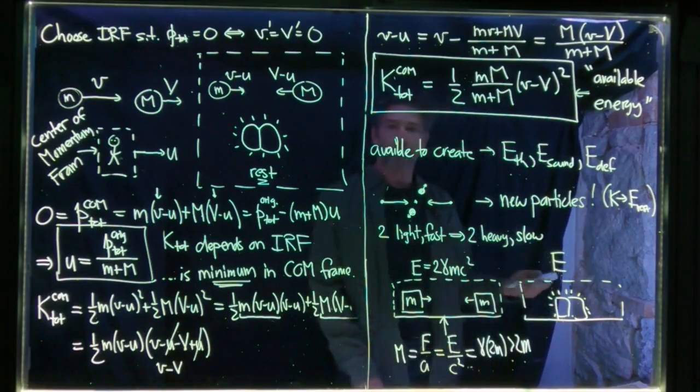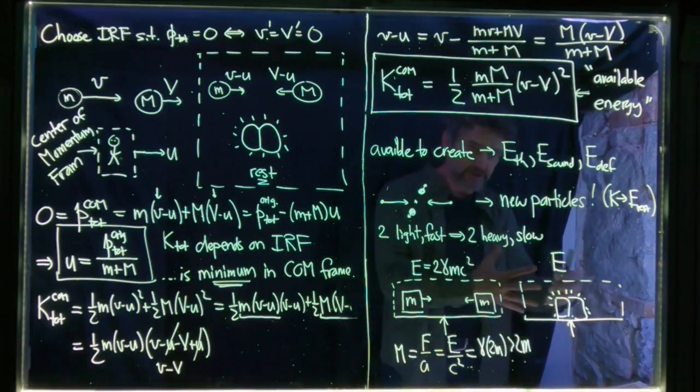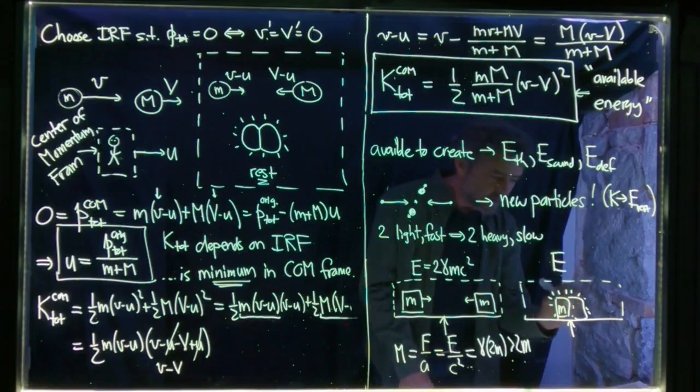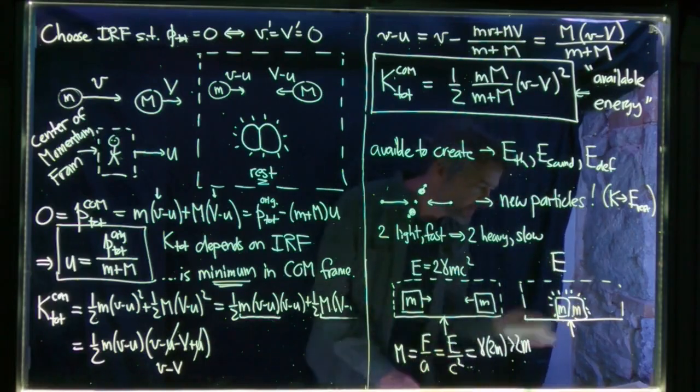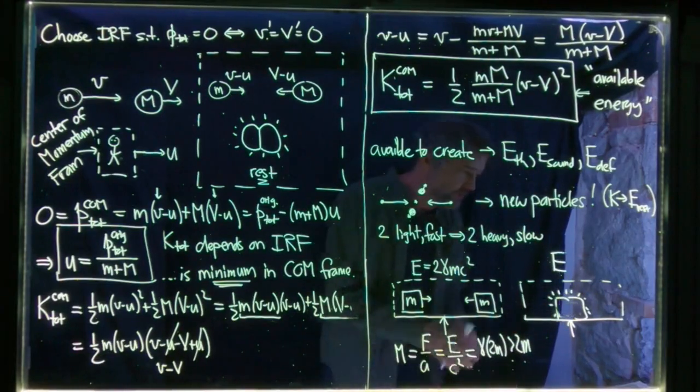Energy is a conserved quantity. The total energy is the same. And the total mass, if you were to do this experiment again after they've hit and stuck together, and you now have a hot object, anyway, we have this object.